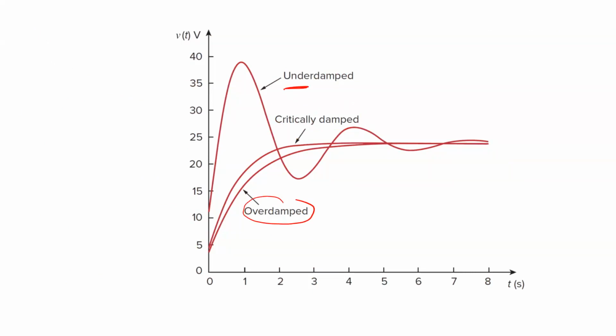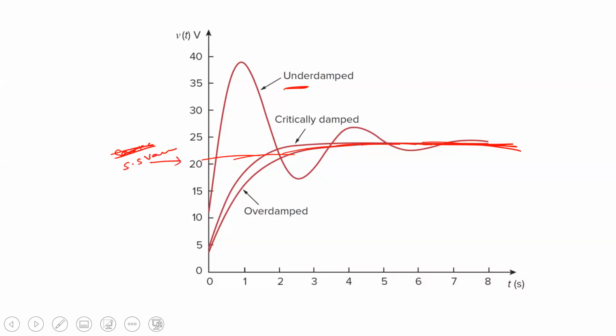So this is the over damped case, one is the critically damped case, and the other is the under damped case, right? You can see that this is in the case of the source-free response, where the final value is supposed to be 0 volts or 0 amperes. In case you have some steady state value, when you are exciting the circuit with a source, the response settles at the steady state value of this particular circuit.